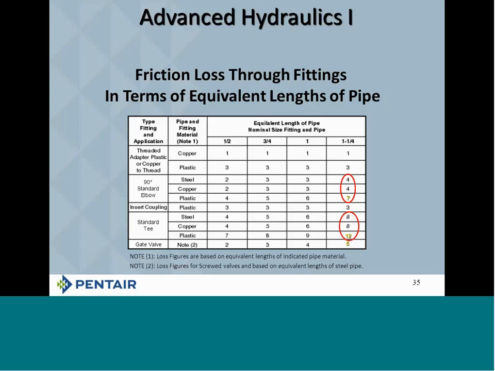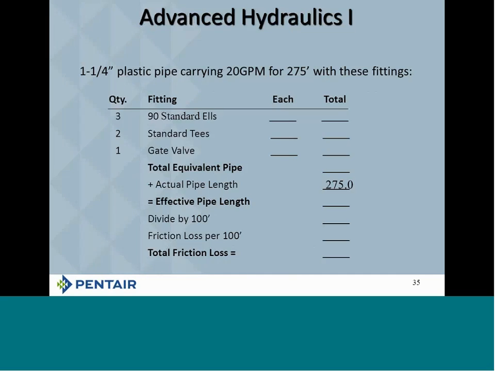Now, our last problem here. We're going to put some fittings into our system. Okay? So notice that we have a 1¼ inch plastic pipe carrying 20 gallons a minute, 275 feet with these fittings. 3 standard elbows.